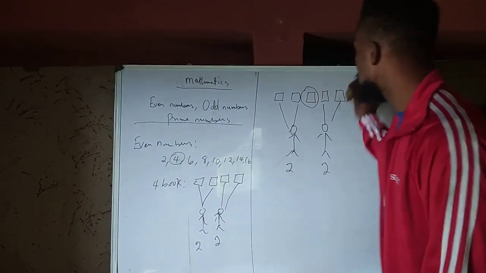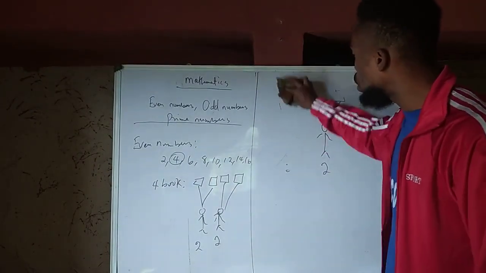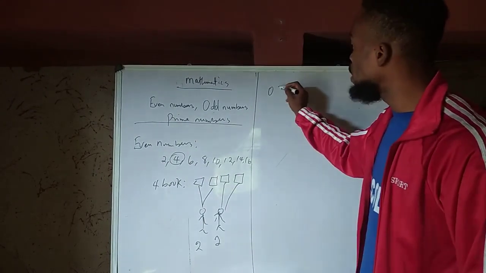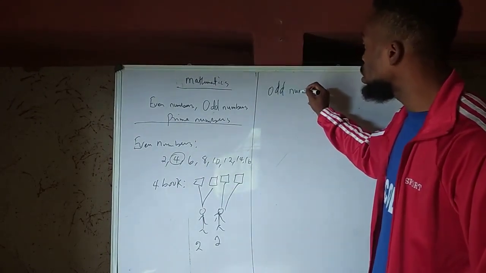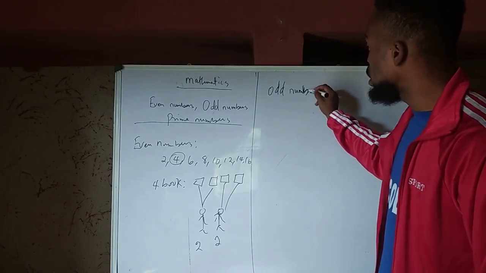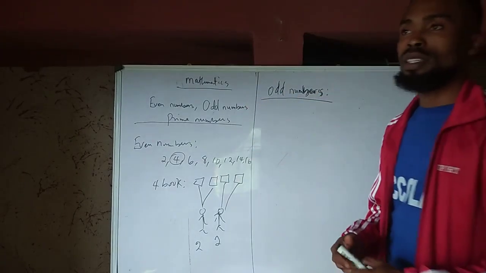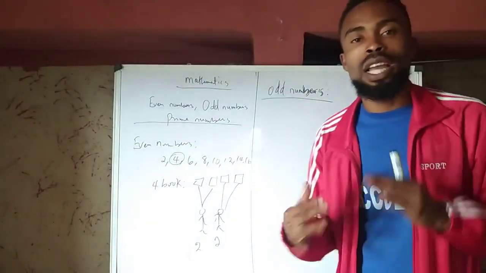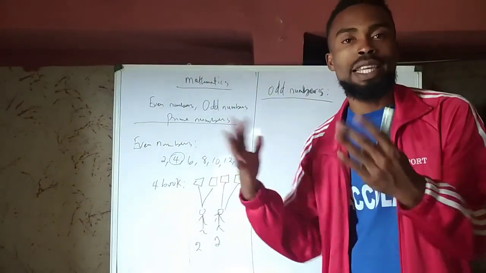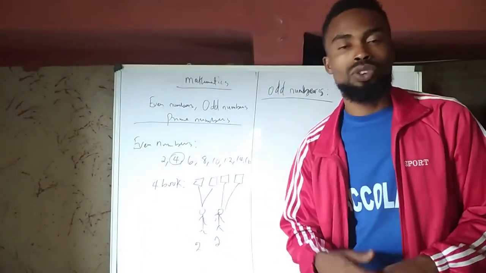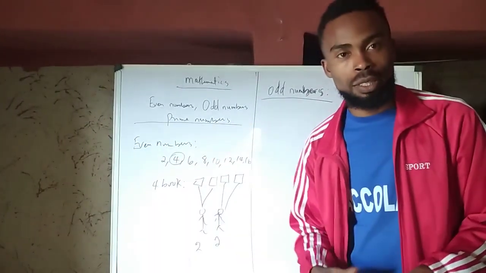Now we also have a set of numbers that we call odd numbers. These are numbers that, when divided by 2, will always have a remainder.